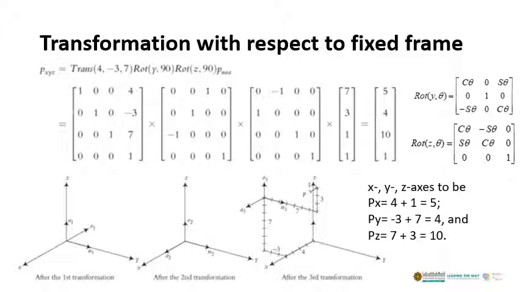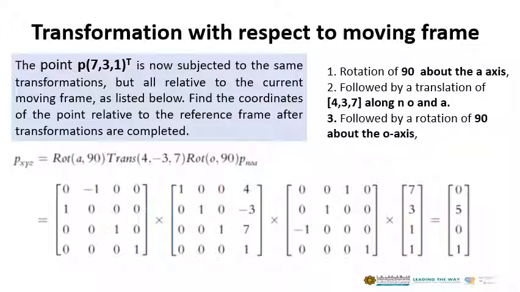Now, if we do the transformation with respect to its moving frame, then what will happen? Let's say the same point is now subjected to the same transformation, but all relative to the current moving frame as listed below. That means it is the current moving frame: rotation 90 degrees with respect to the A axis, followed by a translation, and followed by a rotation of 90 degrees with respect to the O axis.